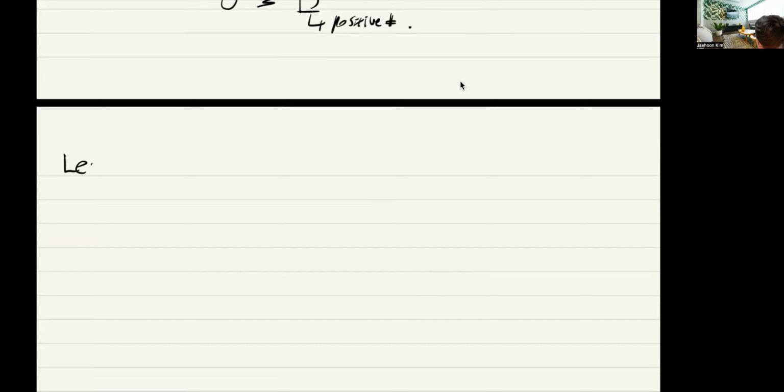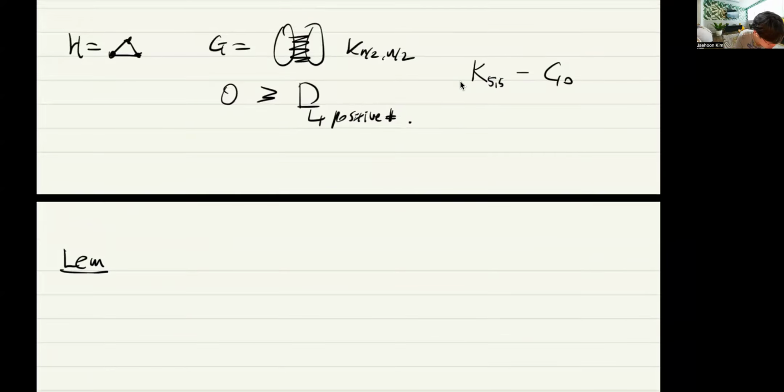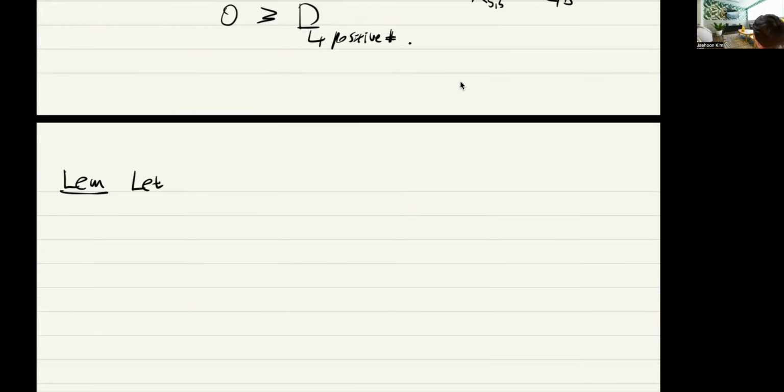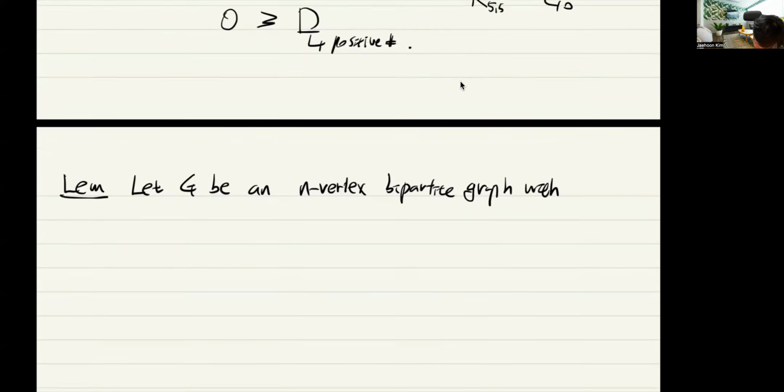Okay, so we can actually prove this for even cycles. So this conjecture is true for even cycles. So let's say G is a bipartite graph on n vertices.